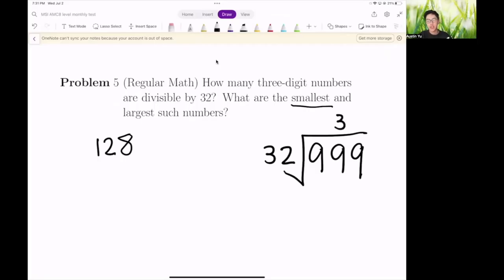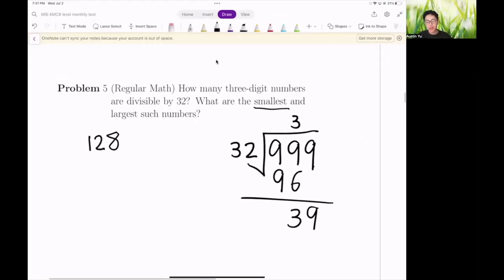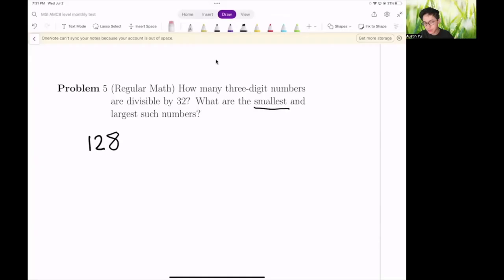Because 3 times 32 is 96. And then 39, we know that 32 goes into 39 one time, so 32, and the remainder is 7. So the remainder is 7, which means that the largest three-digit number that's divisible by 32 is going to be 992, because 999 minus 7 is 992.